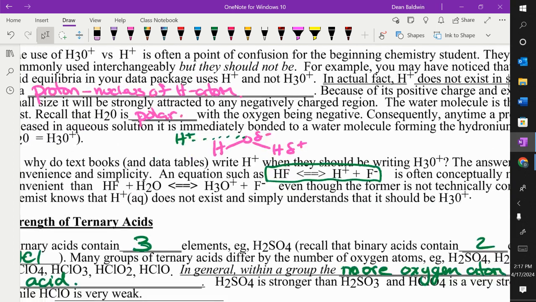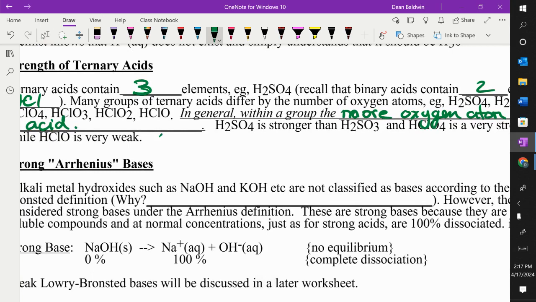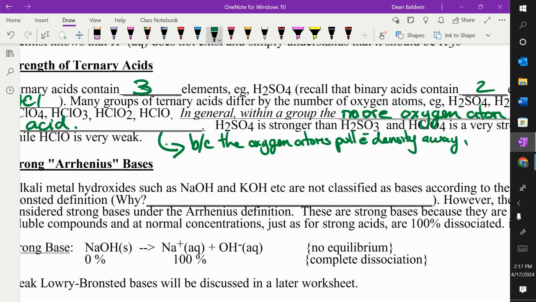Because oxygen atoms pull electron density away from the hydrogens, the hydrogens are easily given up.